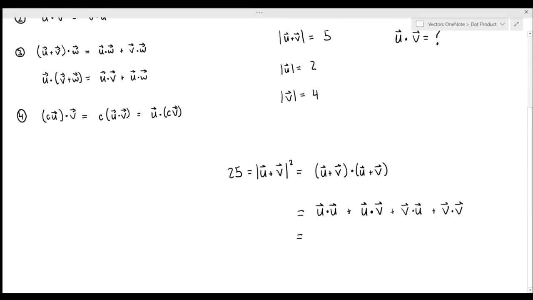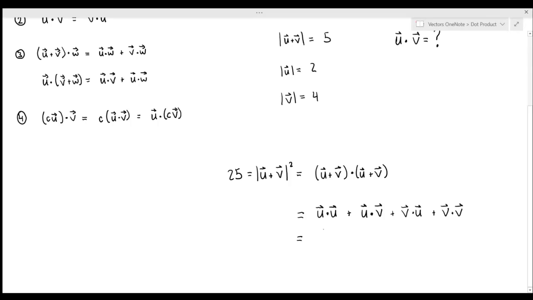So after we FOIL it out, here the vector u dot product with itself, so we know that's the magnitude of u squared. We know that u dot v and v dot u are the same thing, so we end up with 2 u dot v by adding these two together.